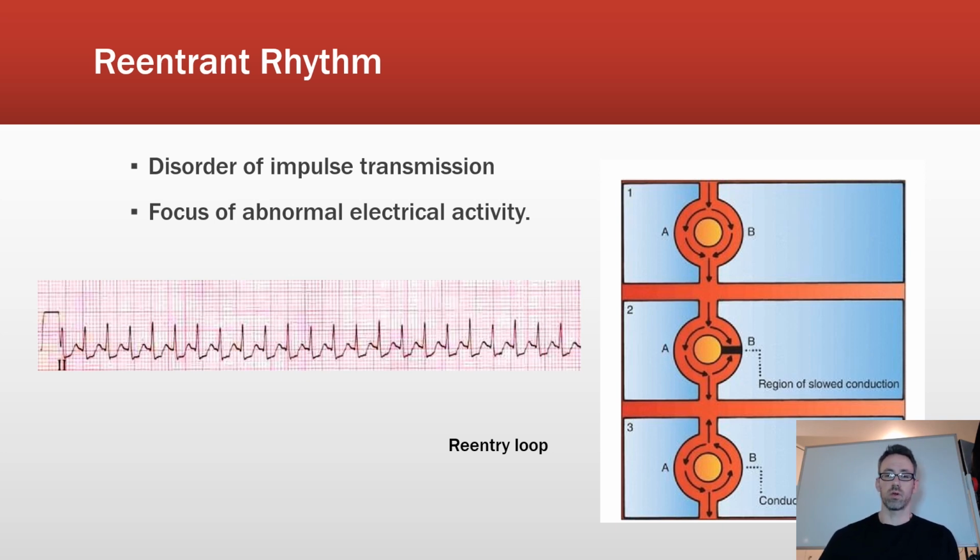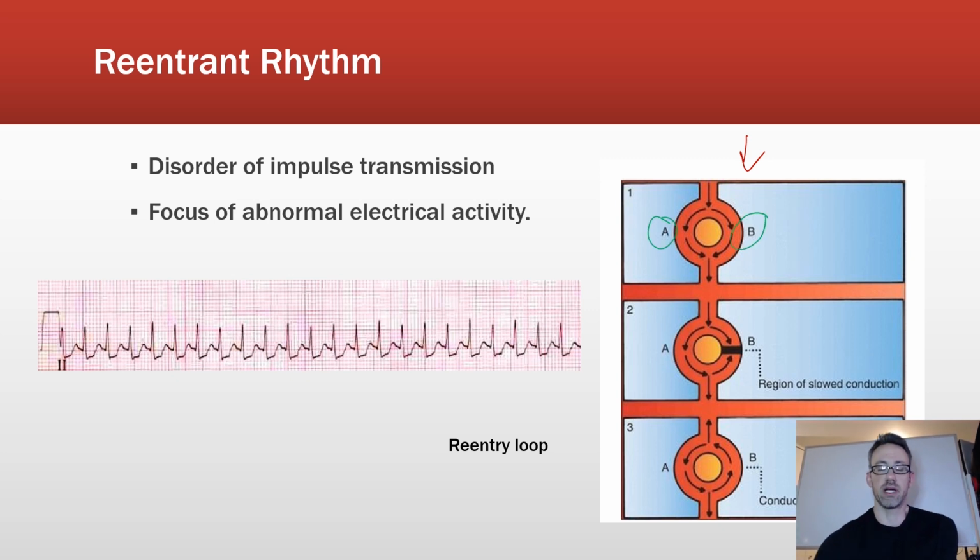So what the cartoon over here is demonstrating is, imagine that you have our normal conduction pathways going through the heart, from the SA node to the AV node and through all the electrical channels it normally takes. And as it spreads its way through the heart, you're going to get different pathways, like A and B, for example. But here's A and here's B.